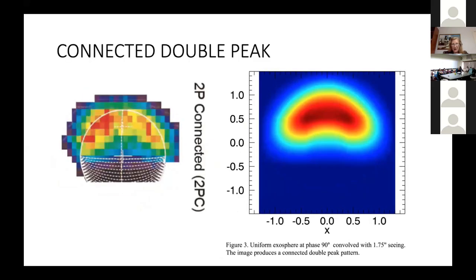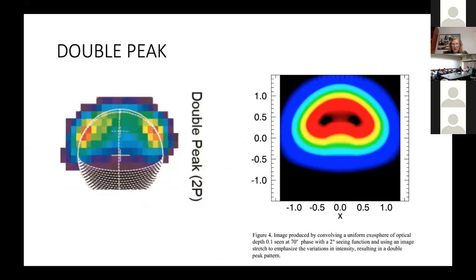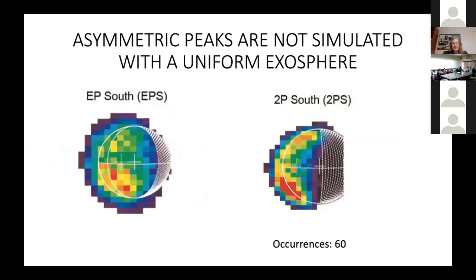I can simulate a connected double peak with 1.75 arc second seeing, and I can simulate high latitude peaks with 2 arc second seeing by stretching the image to enhance the variation. So I think what I'm trying to say is that you need to be careful about your observations, that they're properly reduced and that you understand what you're looking at.